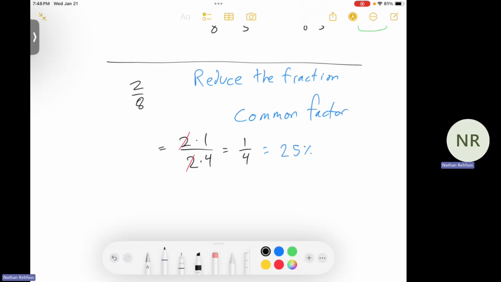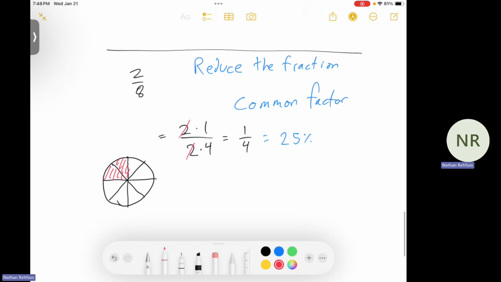Let's draw a picture. This pizza is going to be cut into 8 slices, and I want to eat 2 of those slices. When I reduce the fraction, what I'm noticing is that the number of slices I'm eating and the number of slices the pizza's cut into are both multiples of 2. So I didn't need to make so many cuts with the pizza cutter. I'll keep these cuts, but get rid of those.